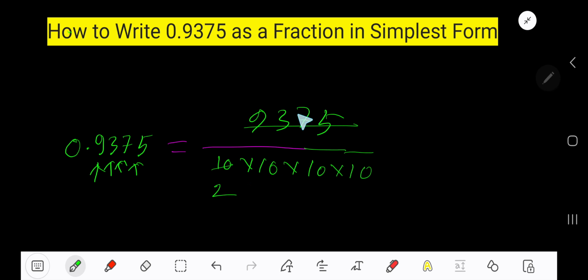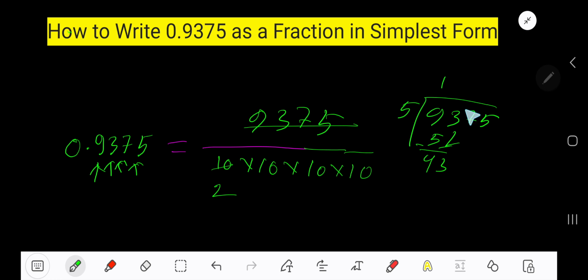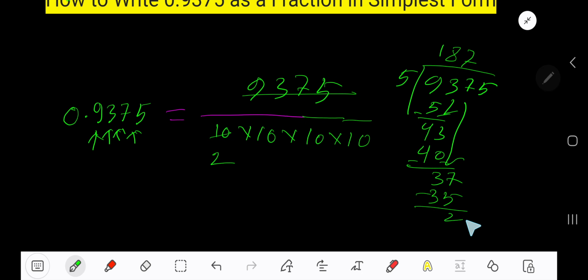So here we will get 2000, and here, look, divide this number by 5. 5 goes into 9 one time, 5, subtract, 4, bring down this 3. 5 goes into 43, 8 times, 5 times 8 is 40, subtract, 3, bring down this 7. 5 goes into 37, 7 times, 5 times 7 is 35, subtract, 2, bring down this 5. 5 goes into 25, 5 times. So we are getting this, 1875.